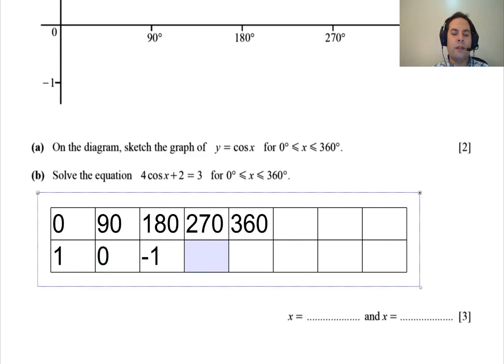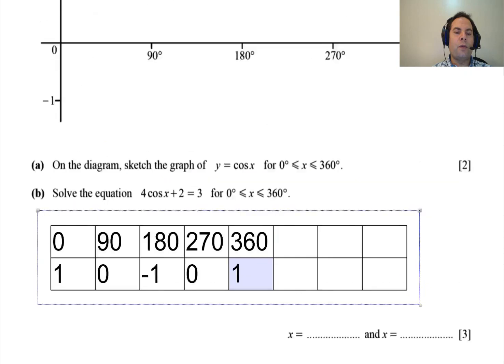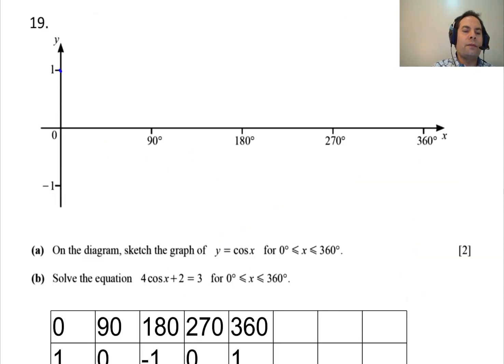Cosine 270 is again 0. Cosine 360 is 1. Start to plot the points: (0, 1), (90, 0), (180, -1), (270, 0), and (360, 1). So the graph of cosine x will be like this.